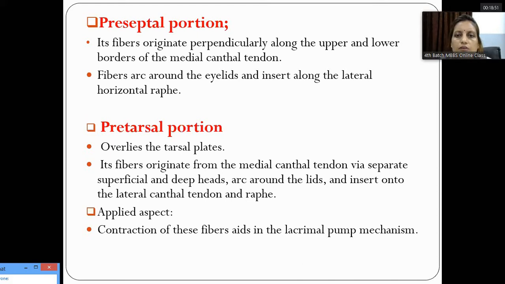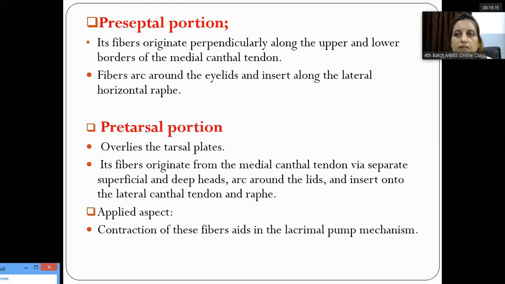Its fibers originate from the medial canthal tendon by separate superficial and deep heads and arc around the lid, meaning they encircle the lid and insert into the lateral canthal raphe. Contraction of these fibers aids the lacrimal pump mechanism, so it helps the drainage of the tear film.